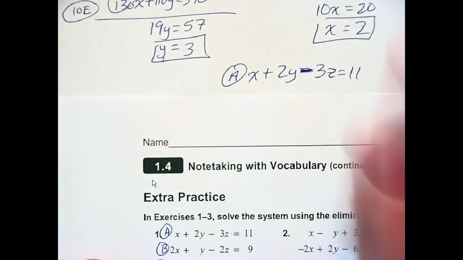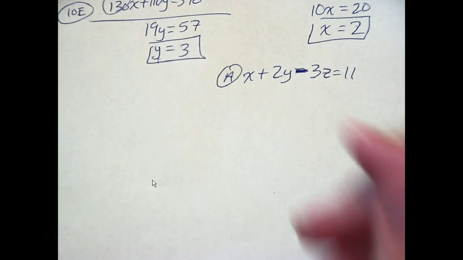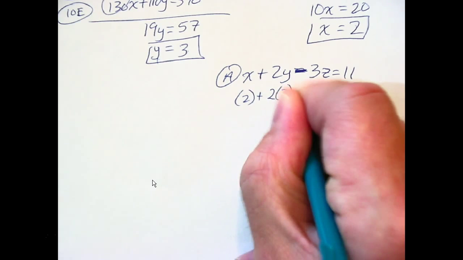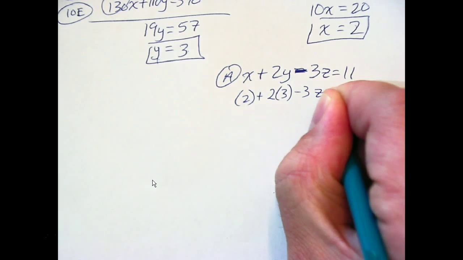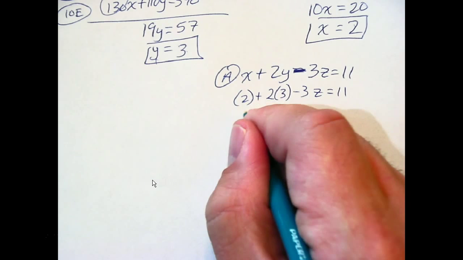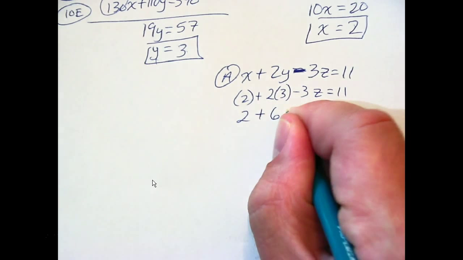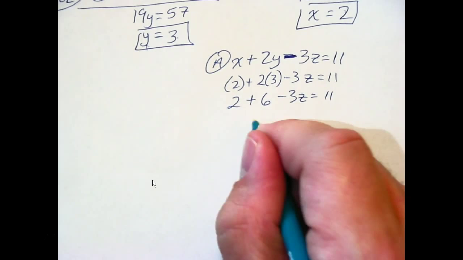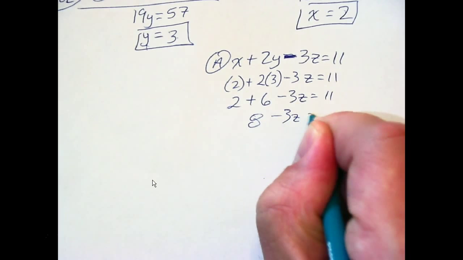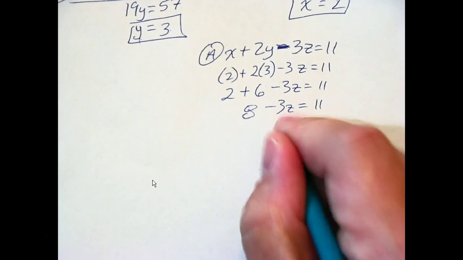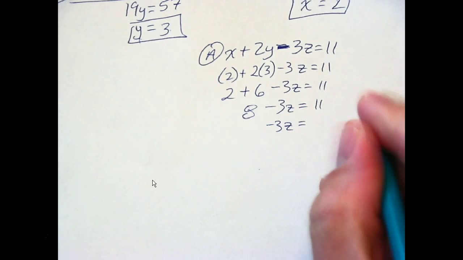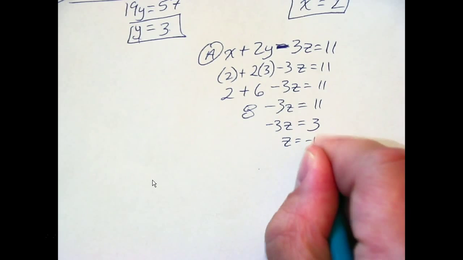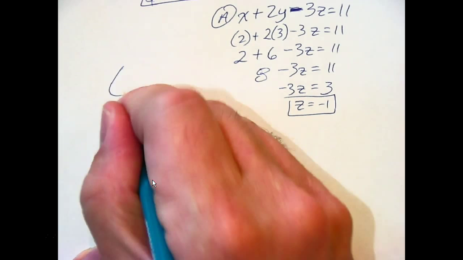And we'll plug x in for 2. y is 3. We'll solve for z. So we get 2 plus 6 minus 3z equals 11. Gives me 8 minus 3z equals 11. Negative 3z equals 3. Subtracting 8 from both sides, z is negative 1. The ordered triple, 2, 3, negative 1.